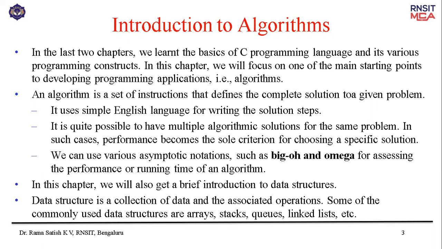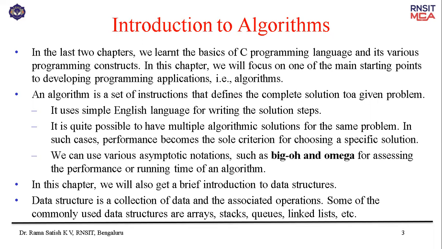Some of the commonly used data structures are arrays. If you use an array as a structure, of course, using an array, you can do some operations. Same way, you can create a stack. Stack is a type of data structure, and a stack can perform some operations. Take the next one, queue.